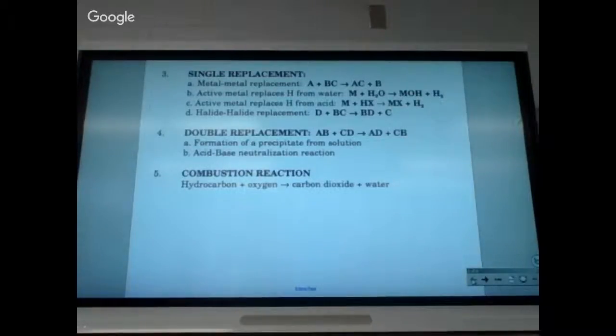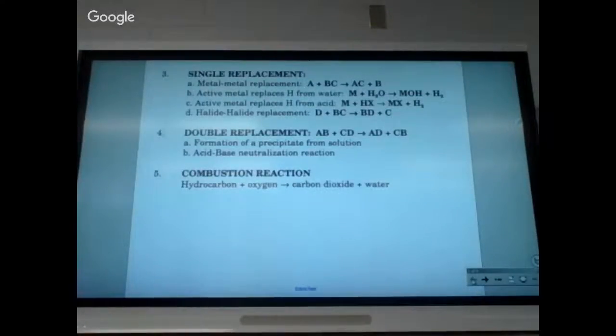Now, if you look at 3, 4, and 5, what do you notice is there? Letters. Correct. You notice what types of reactions? What does it say next to number 3? Single replacement, which we've already learned how to predict, correct?